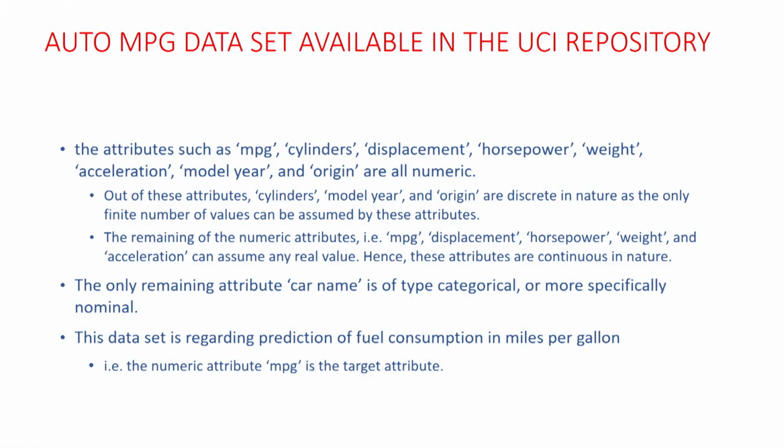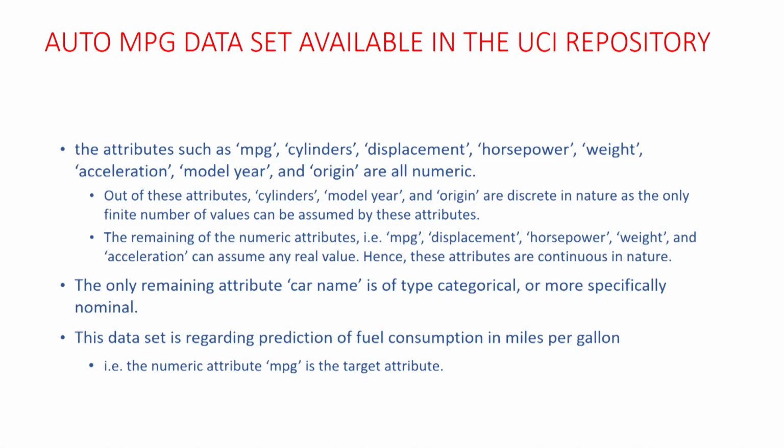This is one example of a data set, the AutoMPG data set, which is available in the UCI repository. I request all of you to go through it. In the AutoMPG data set we have different attributes: MPG, cylinders, displacement, horsepower, weight, acceleration, model year and origin.